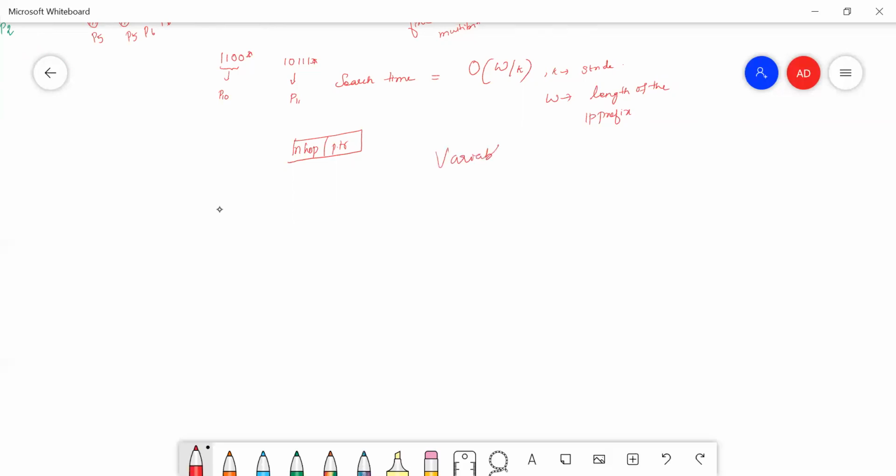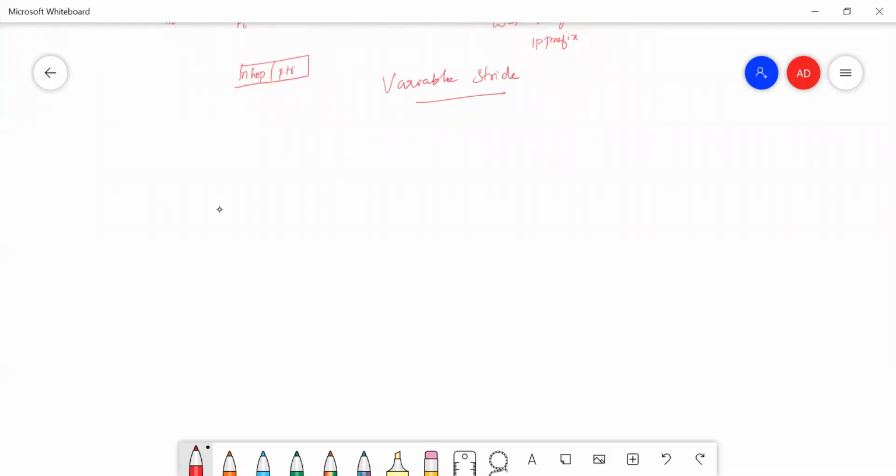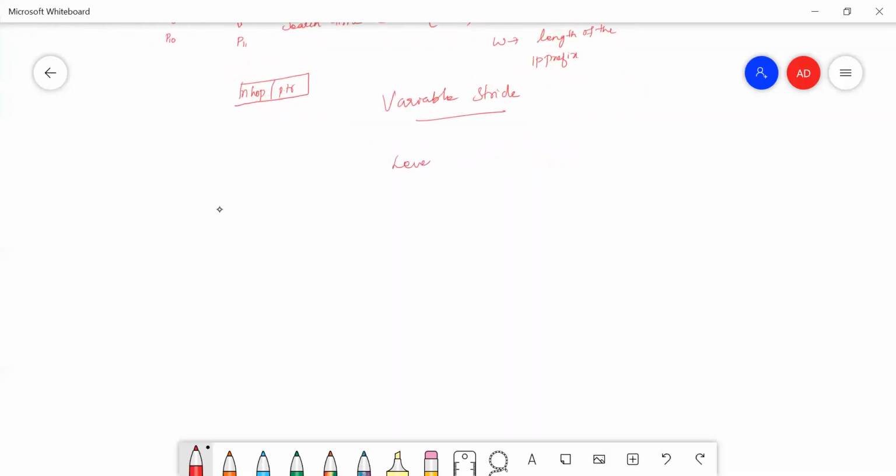When do we go for it? In a variable stride, in one single level itself, you can have a combination of lengths.